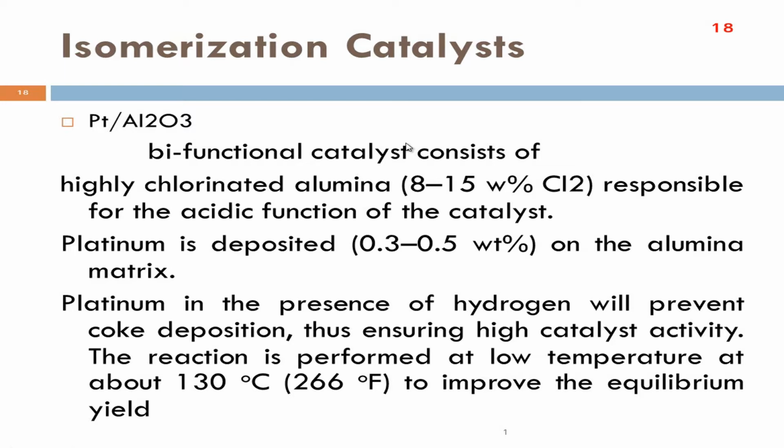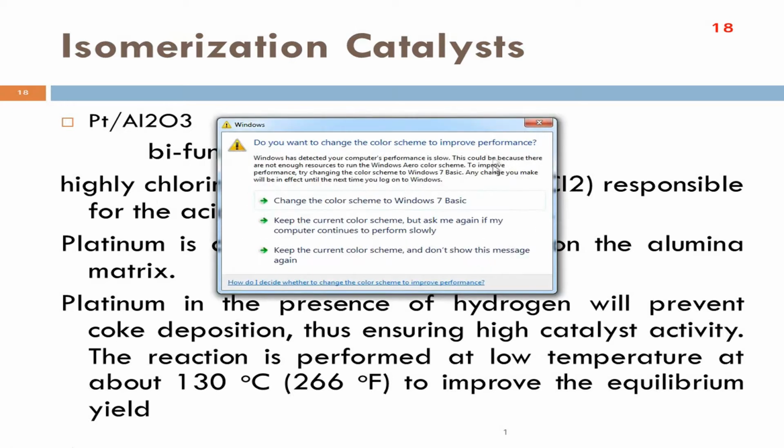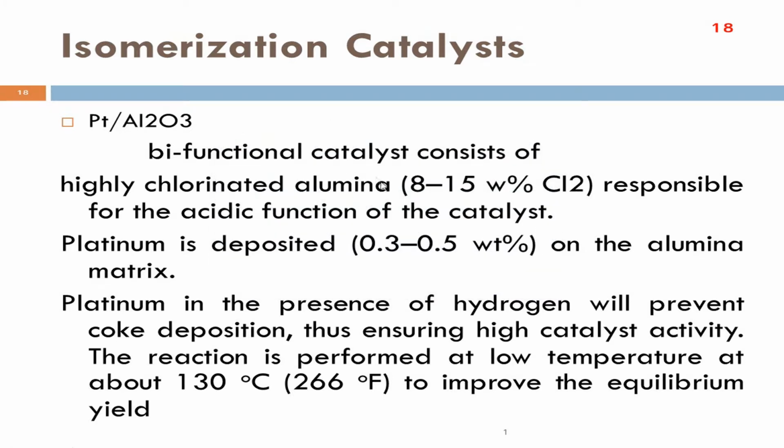That's why we have the alumina for the Lewis acid site, and having platinum or palladium deposited a little bit on the alumina matrix to involve hydrogen in the reaction, which prevents coke deposit on the active site of the catalyst.